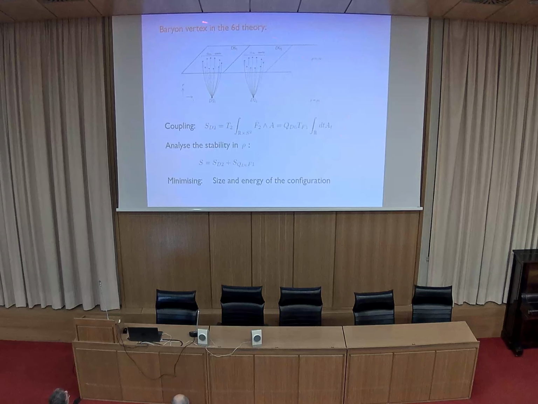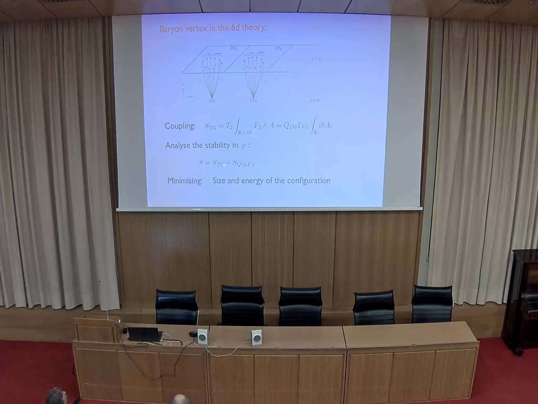But first we had to construct the baryon vertex in the 6D theory, since there are different gauge groups. Well, there are different baryon vertices that are D2s, but you can compute by looking at the action of the D2 vertex and the fundamental strings attached, whose endpoints are the quarks in the boundary theory.